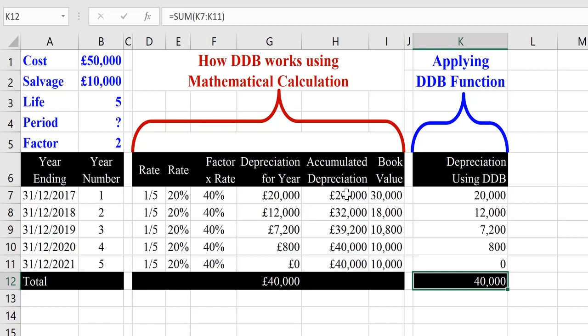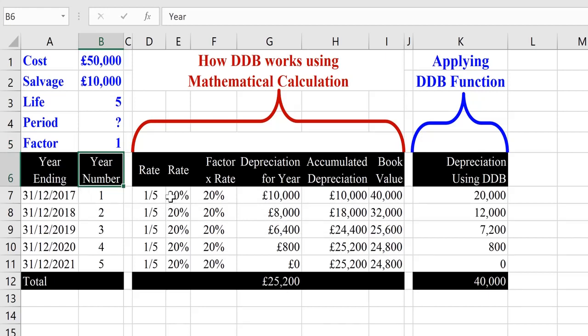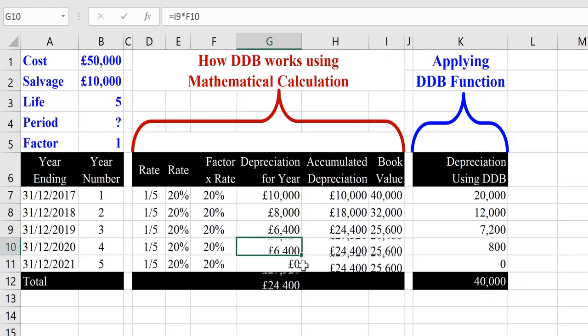Let's make a little change for the periods. Say the period is 1. That means we want to calculate the depreciation at the rate of 20%. So 1 by 5 is 20%. 20% times 1 is equal to 20, and here we will get a depreciation of 10,000. The last one was written by hand, so we need to change it, and the third one should be 33,615.